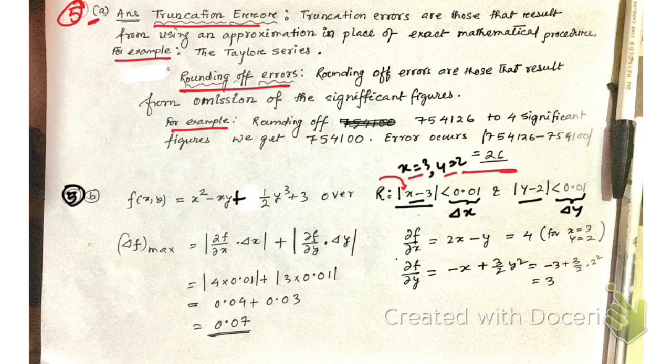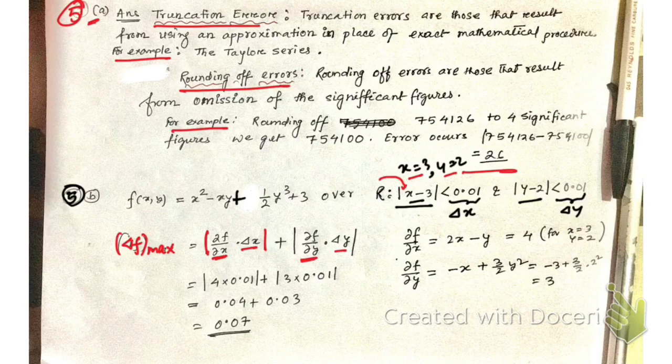So in order to find the maximum error, that is del f max, in order to calculate this, we use this formula: partial derivative of f with respect to x into del x, then partial derivative of f with respect to y into del y, right?